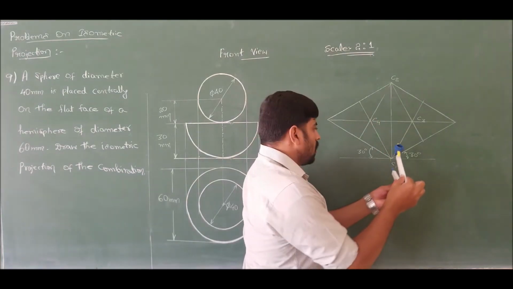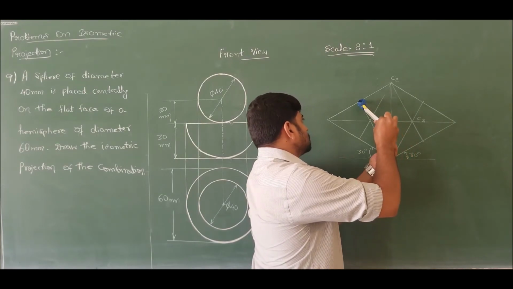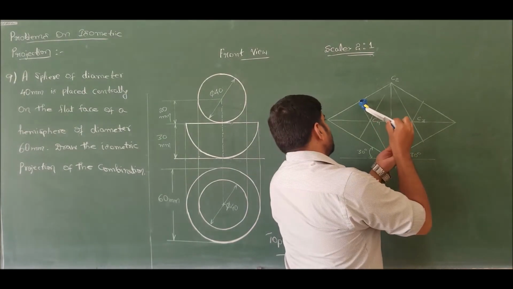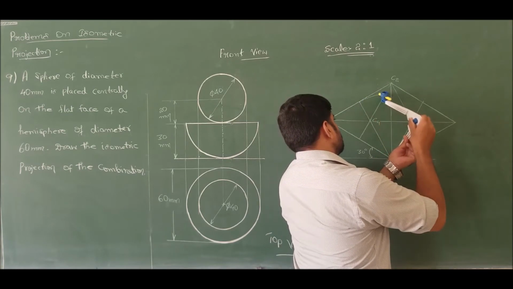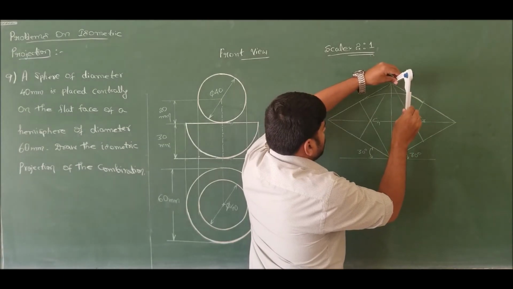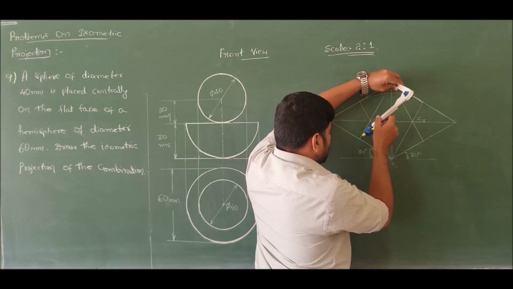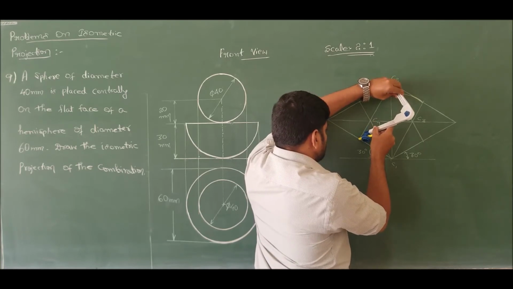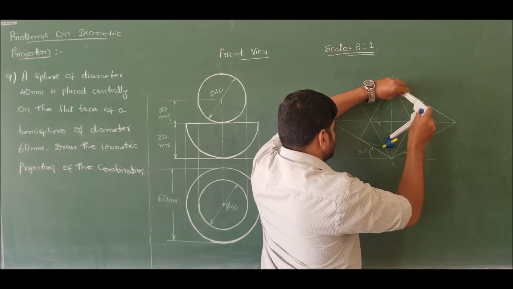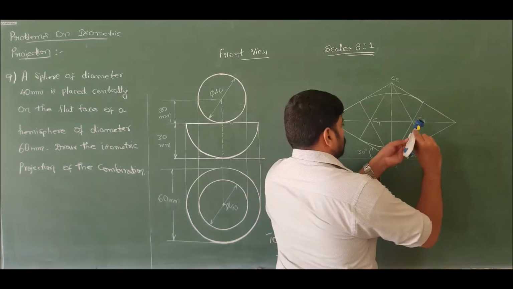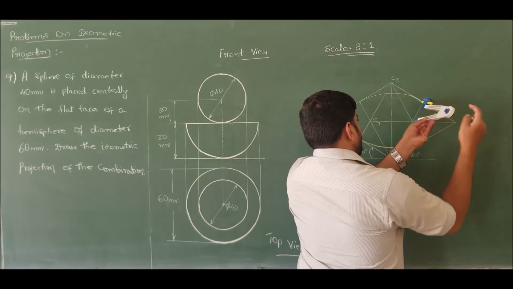Now, using the compass, keeping it at center C1, taking the perpendicular bisector as radius, connect the perpendicular bisectors drawn from C1 using an arc. Similarly, keeping at center C2, taking the perpendicular bisector length as radius, draw an arc connecting the perpendicular bisectors drawn from center C2. Now, keeping at center C3, close these two arcs.